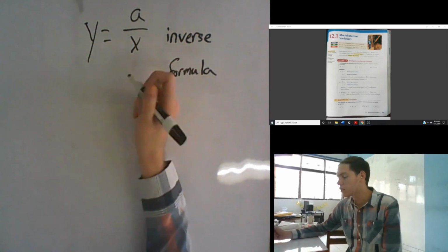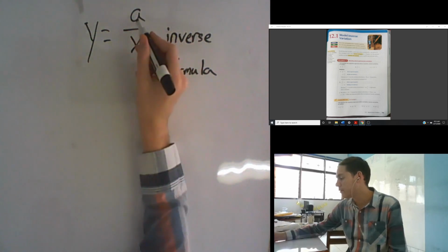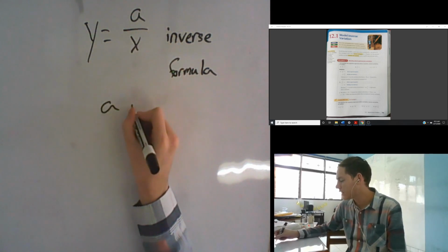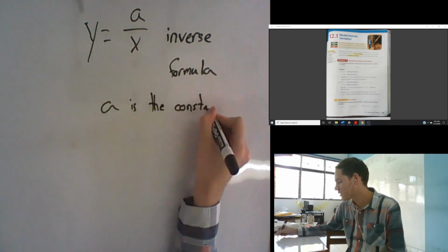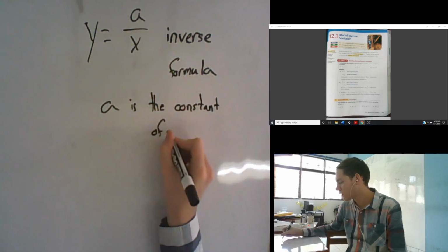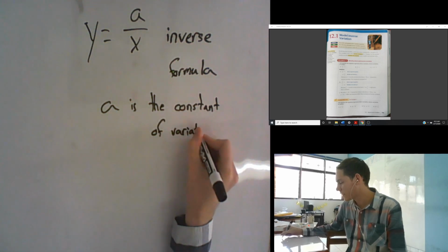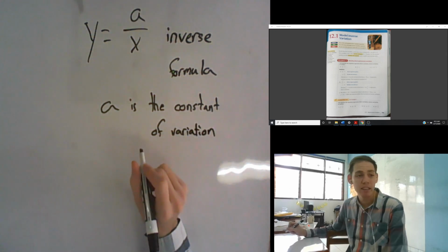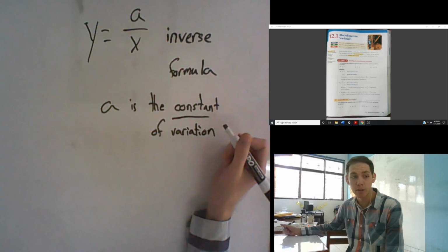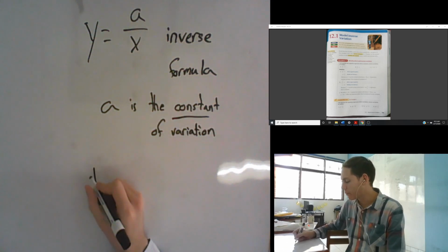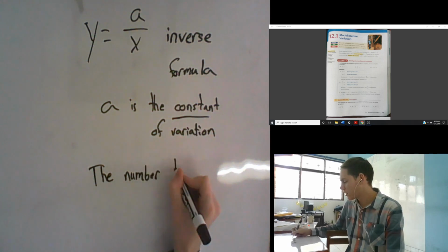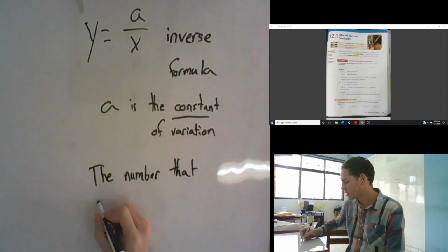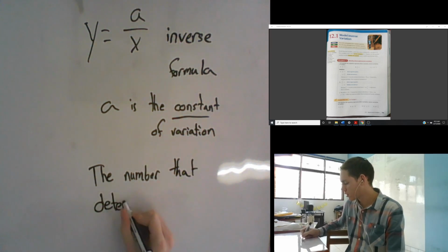Okay, so inverse formula. If you have a up here, a is the constant of variation. And what that means is that constant just means a number. So it is the number that determines the change.